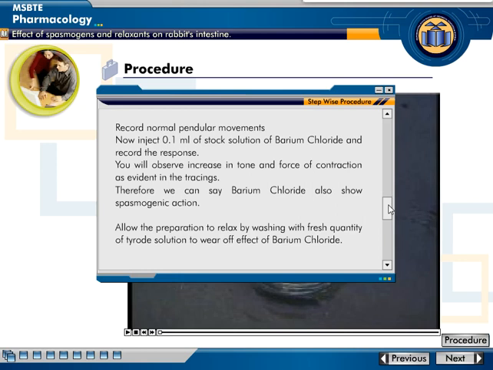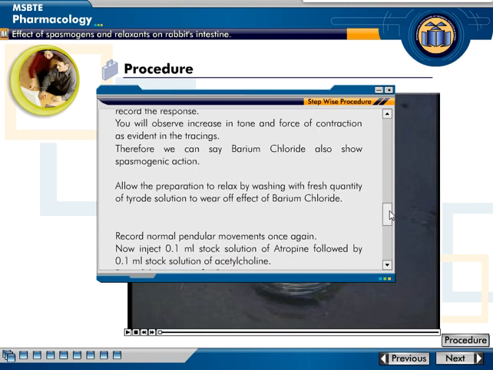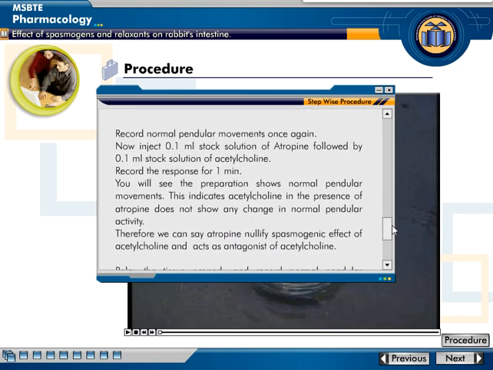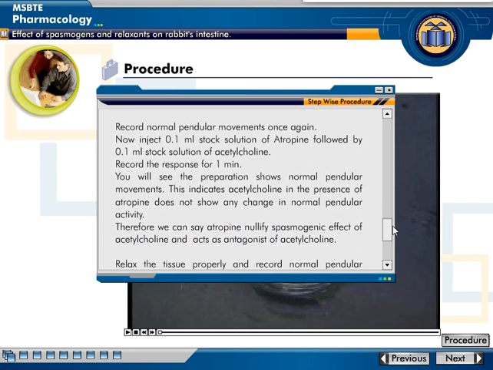After, allow the preparation to relax by washing with fresh quantity of Tyrode solution to wear off the effect of barium chloride. Again, record the normal pendular movement once again and inject 0.1 ml stock solution of atropine followed by 0.1 ml stock solution of acetylcholine.